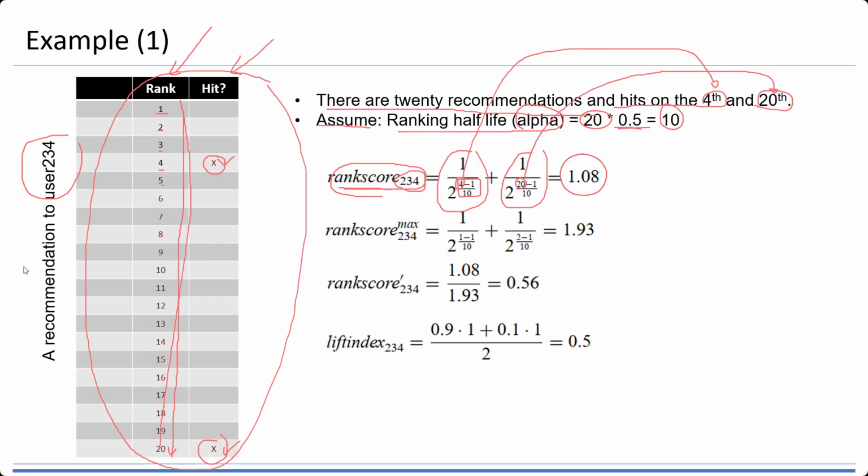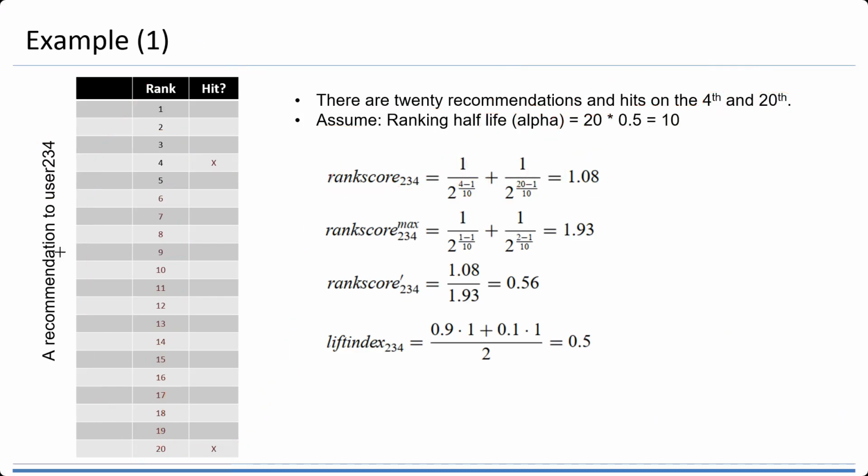Now we need to look at the maximum. What is the maximum? The maximum is if the user's hits are in rank number 1 and, because the user hit 2 items, the user hits number 4 and number 20.